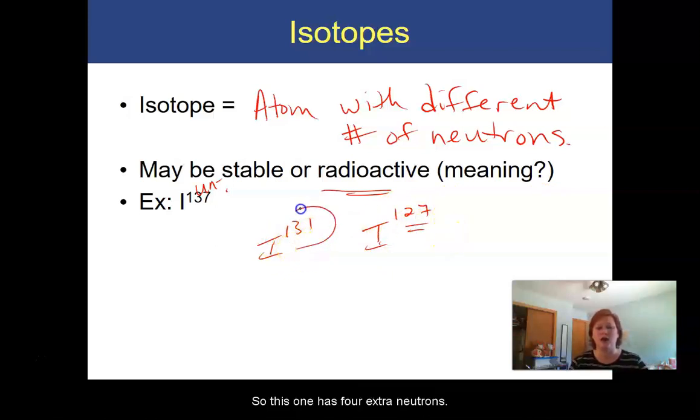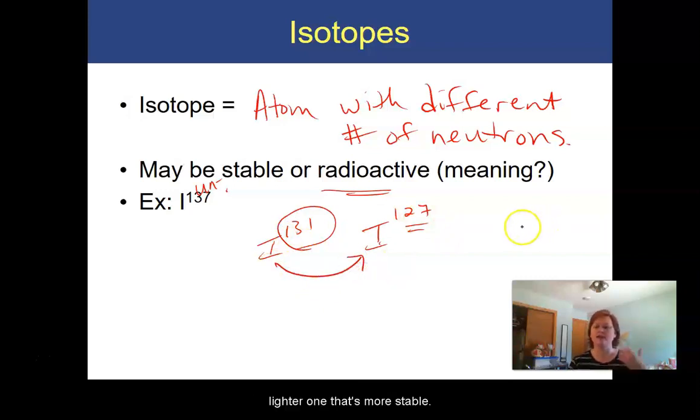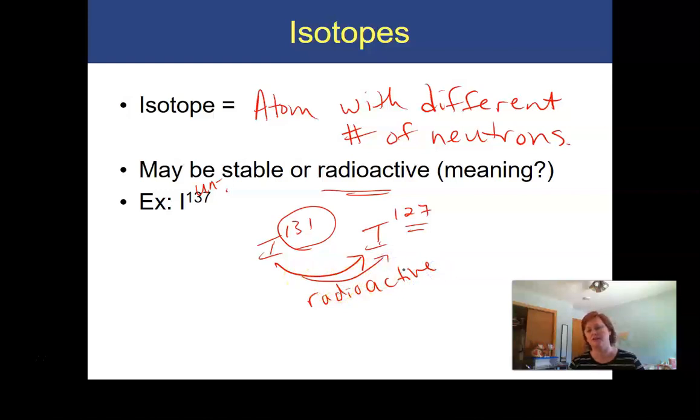So this one has 4 extra neutrons. What that means is that this isotope of iodine wants to deteriorate back into this lighter one that's more stable. If I have a really unstable atom, then we can give off radioactive particles during this deterioration.